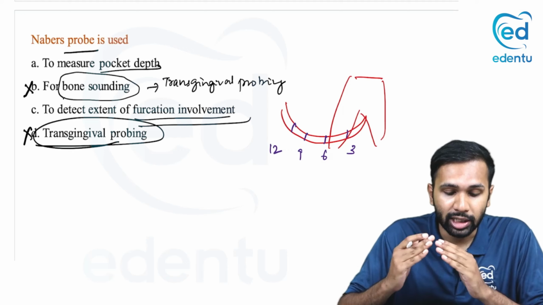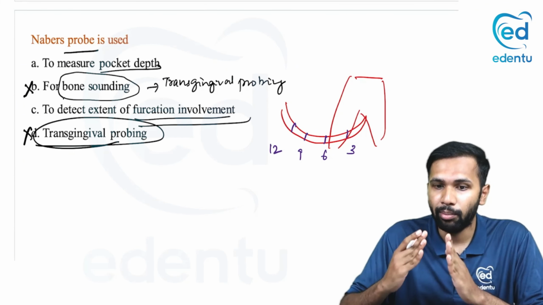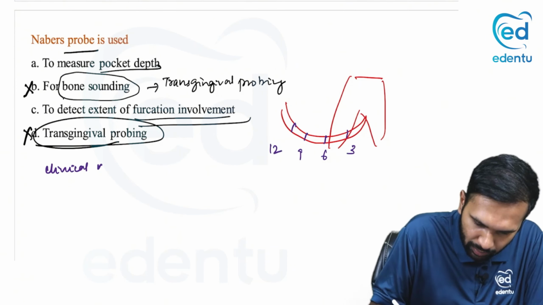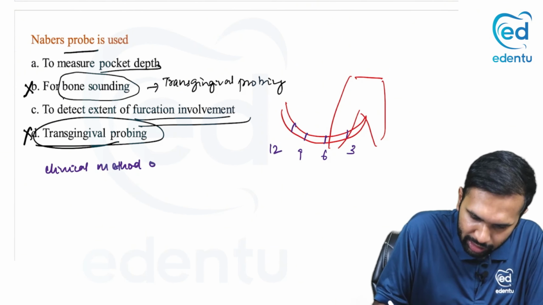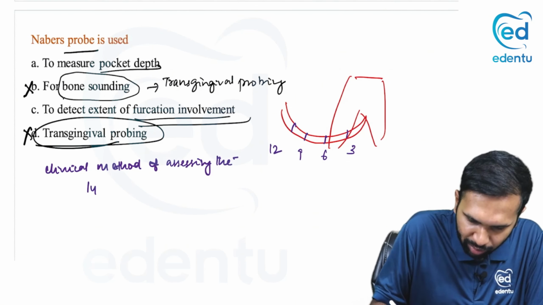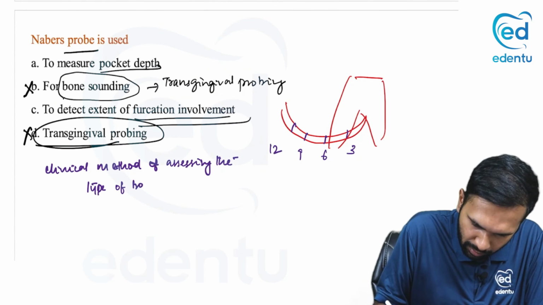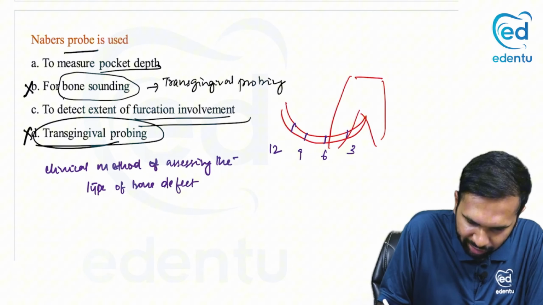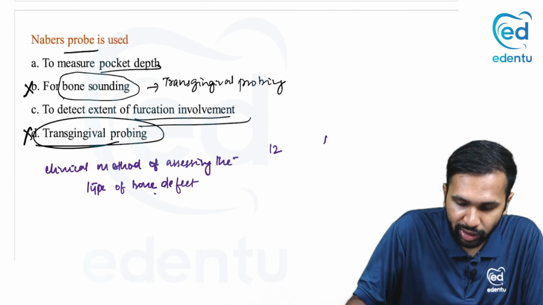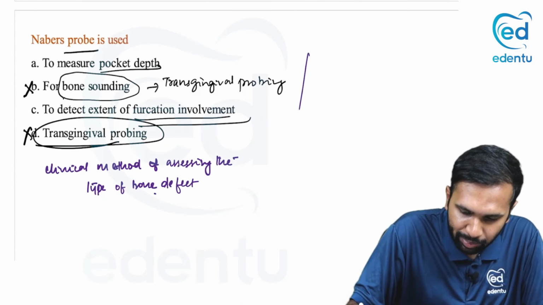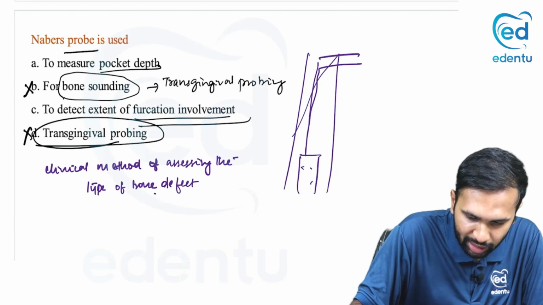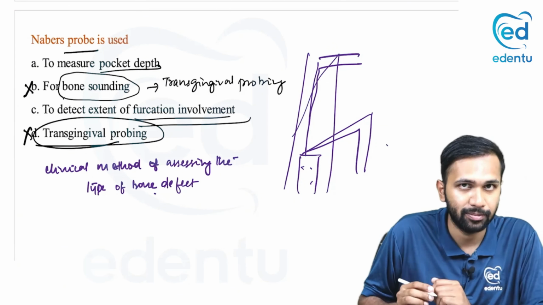Next, what is bone sounding? Bone sounding or transgingival probing is a clinical method of assessing the type of bone defect. What we do is give an anesthesia and put the probe through the gingival sulcus and feel the type of bone defect that is present, right?